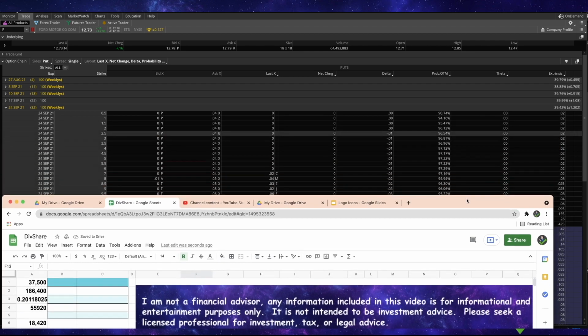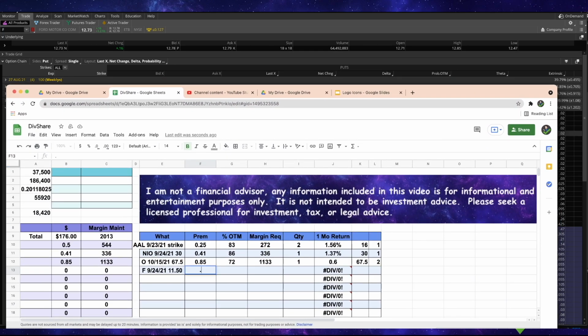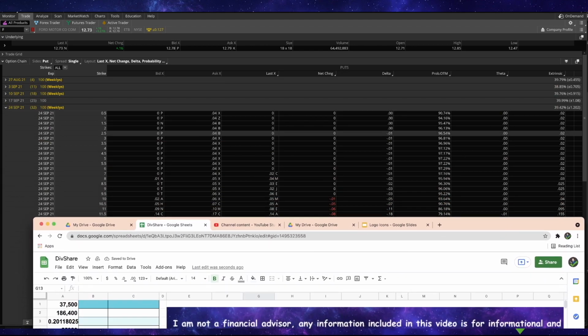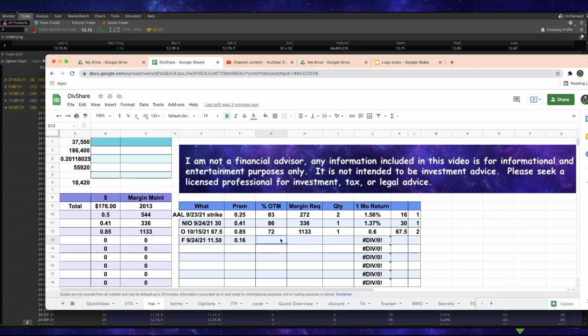Premium was how much? We'll see if we can get filled at 16 tomorrow. All right, that's 79%. It's Ford. We can put a couple Fords on.